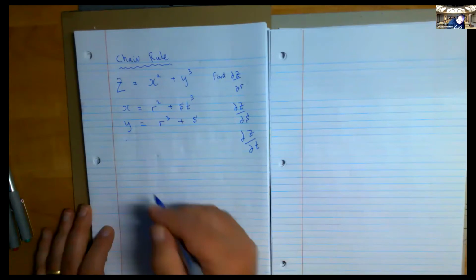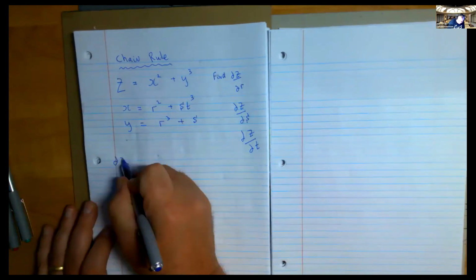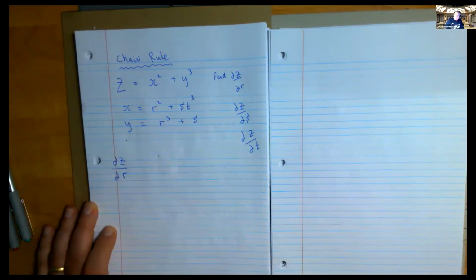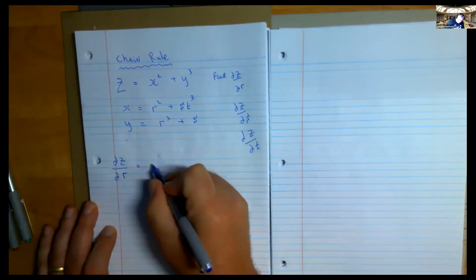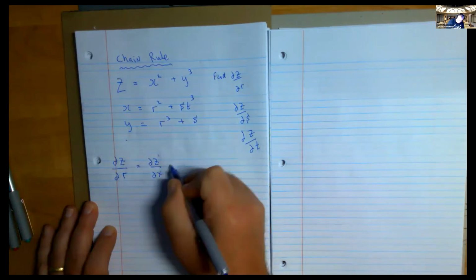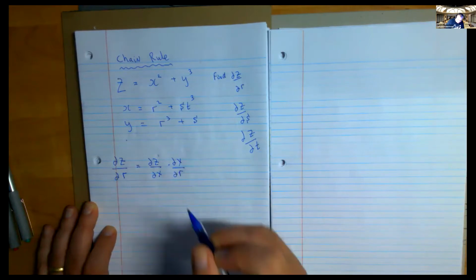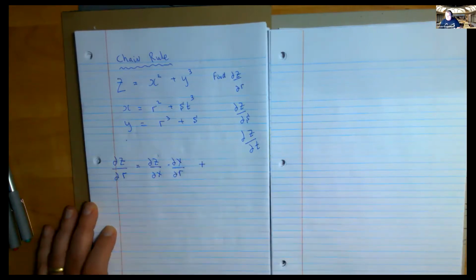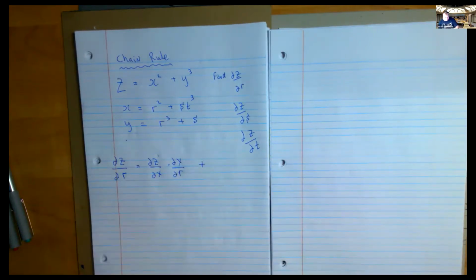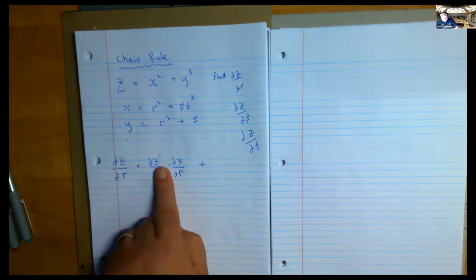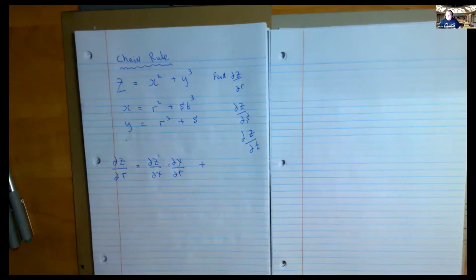So let's pick the partial derivative with respect to r. Now you do the partial derivative of z with respect to x times the partial derivative of x with respect to r. What would be the next piece? Because this particular version of the chain rule has two pieces. This is one of them, but what would the next piece look like?